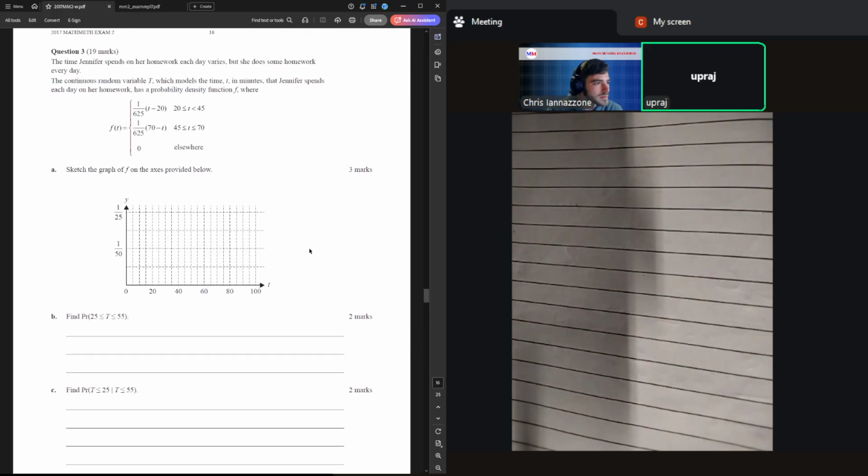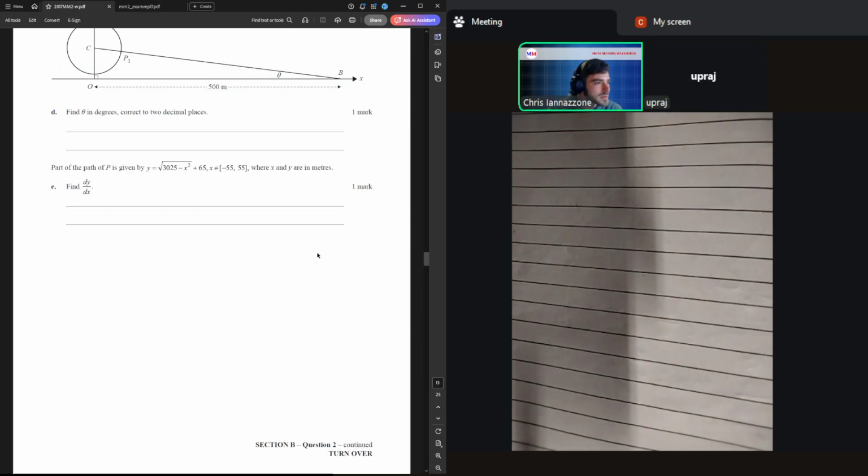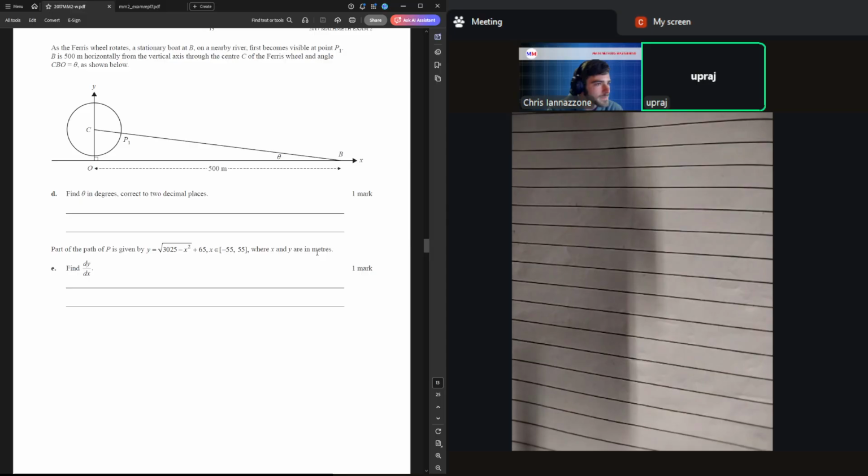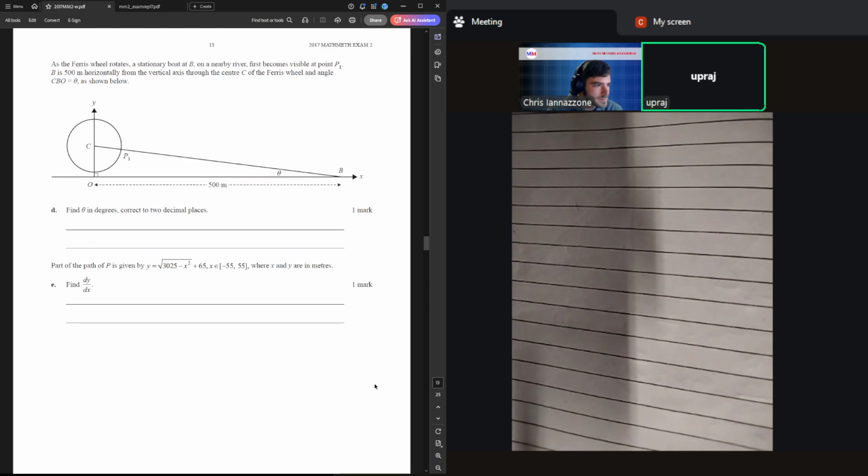Let's have a look. The part of P is given by y is equal to... that's a fun one.